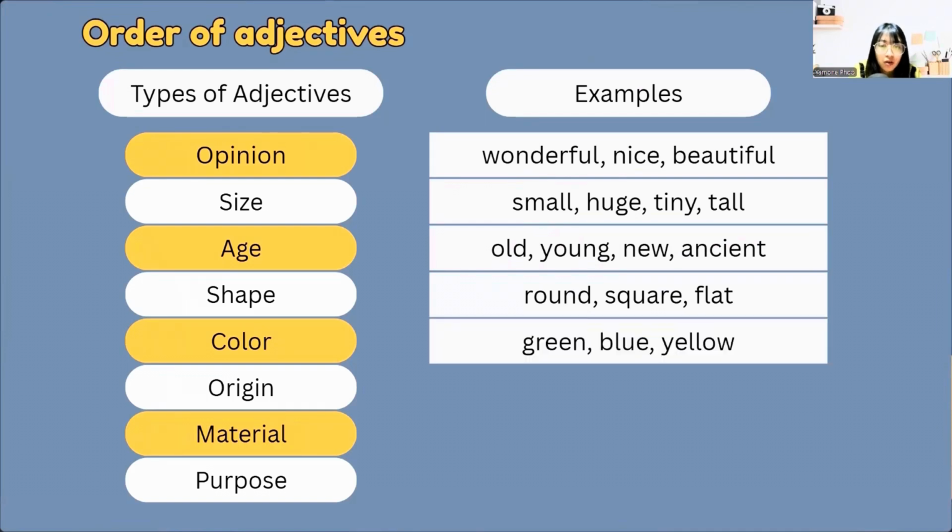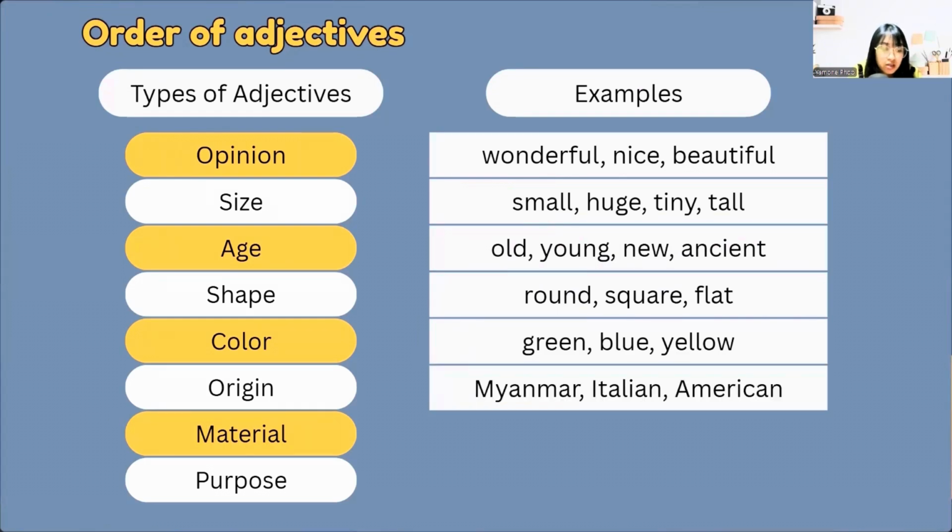Color: what color is it? A green book, the blue sky, a yellow dress. The next one is origin, where the thing is from. For example, a Myanmar dress, Italian food, or American shoes.